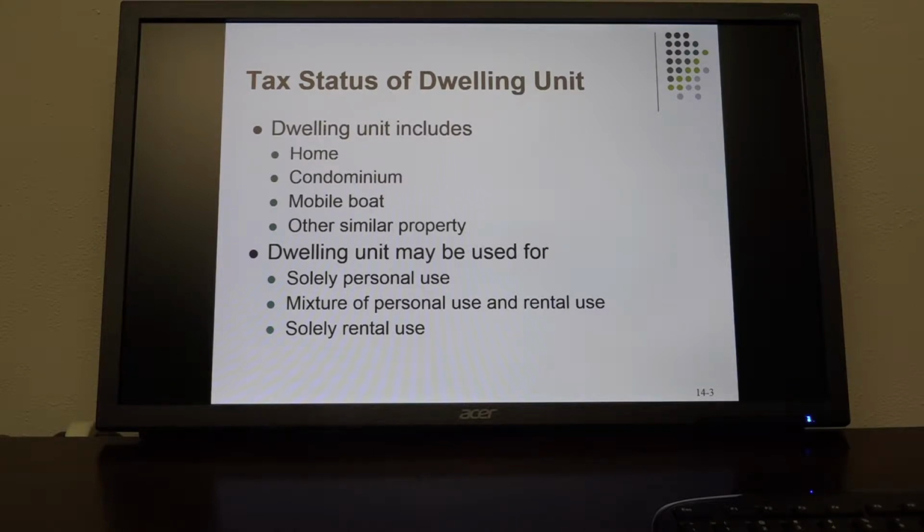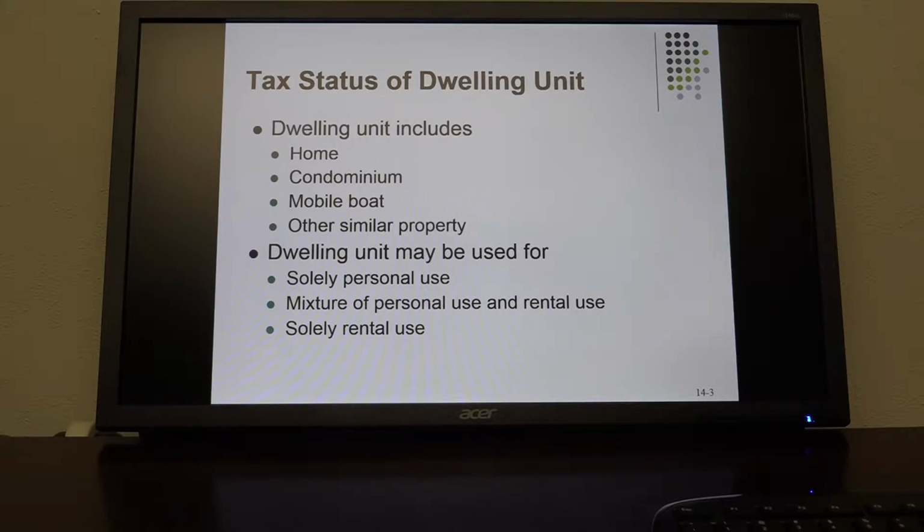I'm sure there's others because I get the emails advertising them. Other types of services where, instead of traveling and staying in a hotel, you can actually stay in somebody's residence. So, if you're the owner of this residence and you stay there part of the time, but you also rent out part of the time, it's going to be a mixed use property. And then you might have a property that's strictly for rental use.